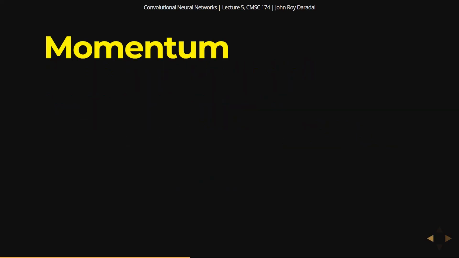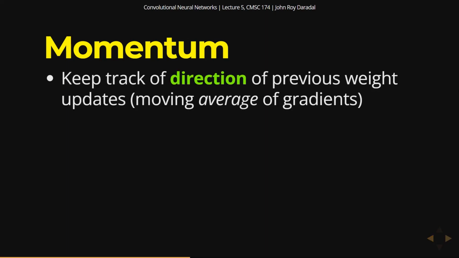Now, there is also another extension, SGD, or stochastic gradient descent with momentum. So what is momentum? Momentum basically keeps track of the direction of previous weight updates. So you're keeping track of the direction that you've been doing so far.